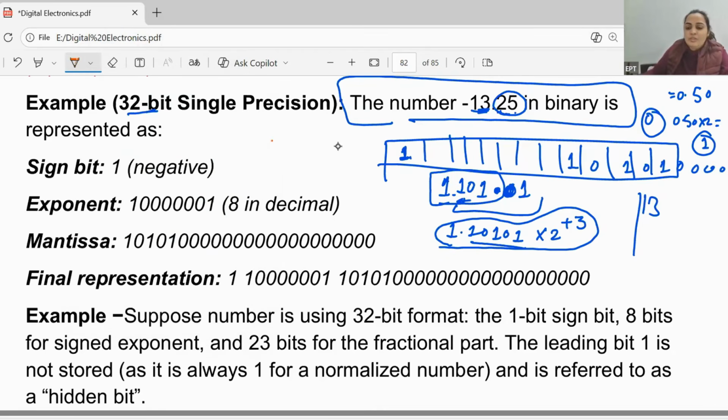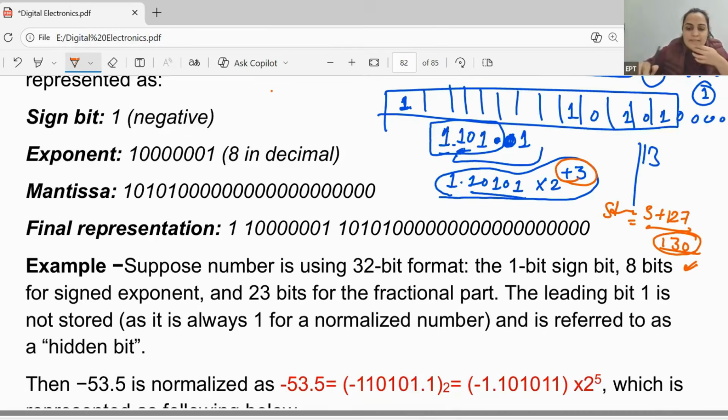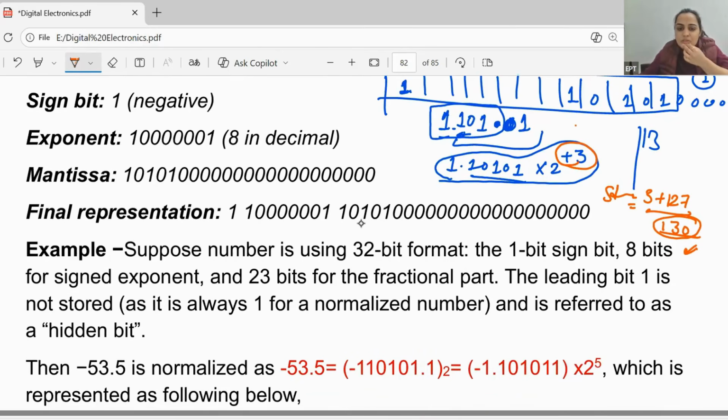And how will you fill the exponent? Plus 3. As I told you, the stored value equals 3 plus 127, so this value is 130. I will write down the binary representation of 130. Wait a second. Here you can see 1 0 1 0.